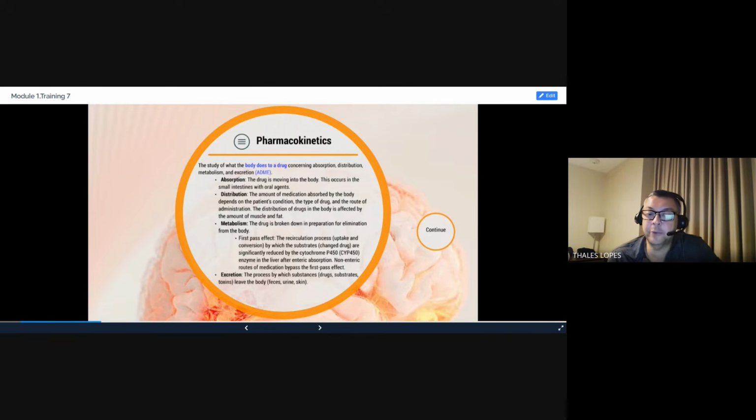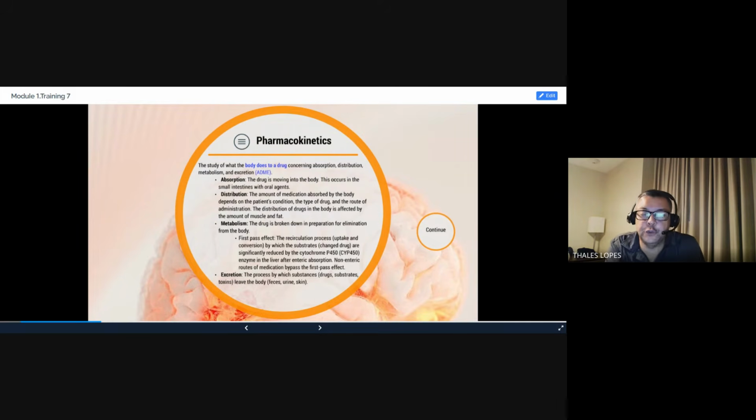Metabolism: how the drug is broken down in preparation for elimination. First pass. What does first pass mean? It means that, let's say a drug has 10 hours. When you have the first pass, after 10 hours, 50% of the drug would be available. When you have another 10 hours, 50% of the 50% is available.